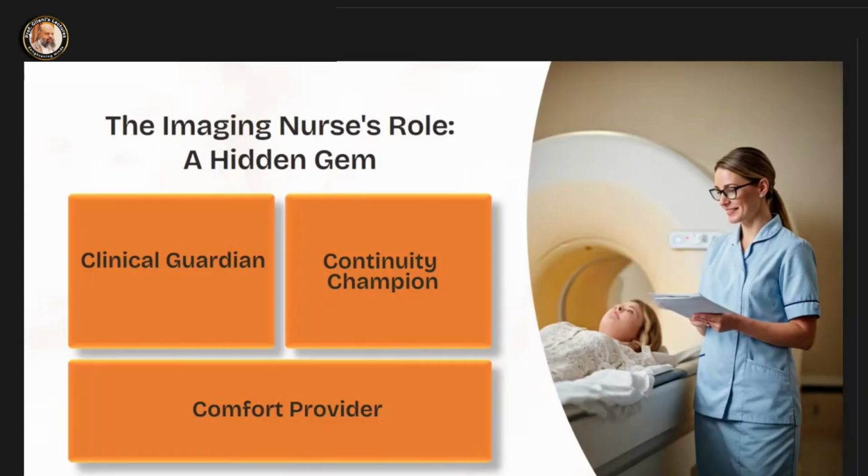When we talk about the role of the imaging nurse as comfort provider, we can say that through expert positioning, anxiety management, and procedural support, imaging nurses transform potentially frightening experiences into manageable healthcare interactions.